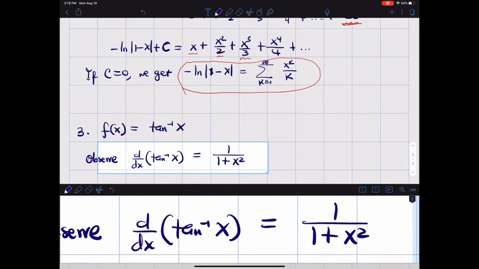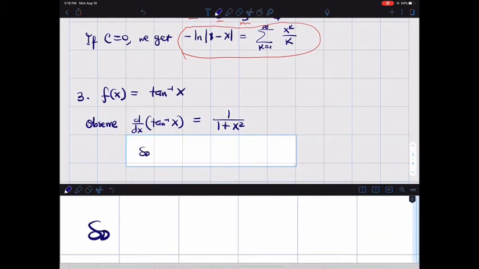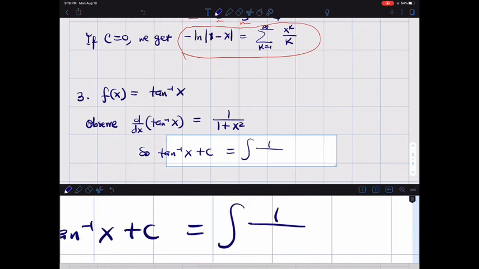I agree with that. Now, this means that inverse tangent of x, maybe plus c, is the integral of 1 over 1 plus x squared.